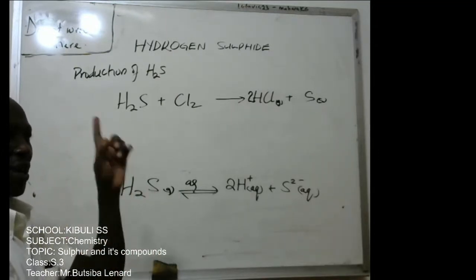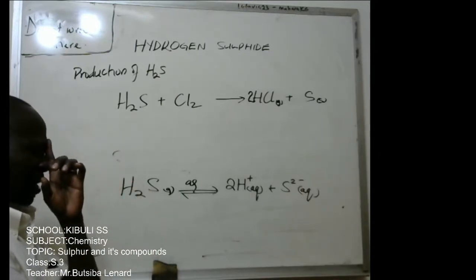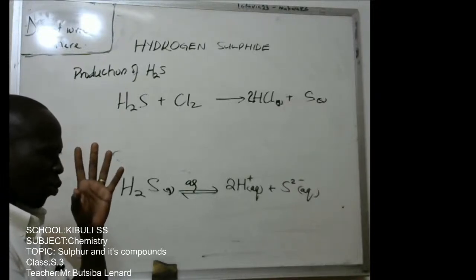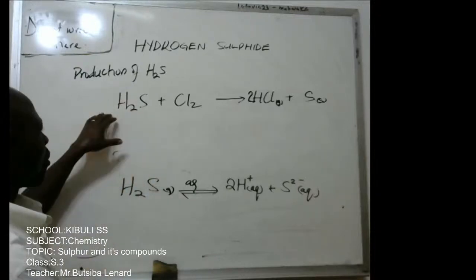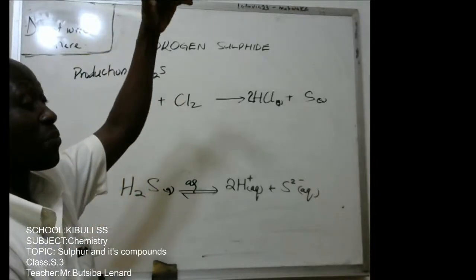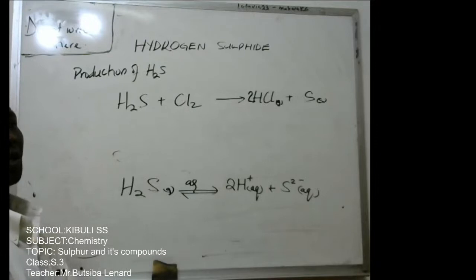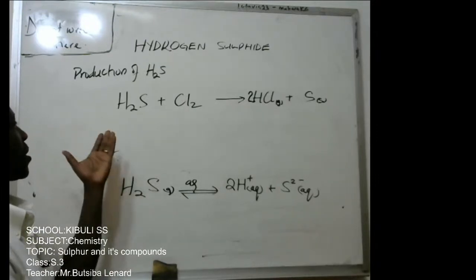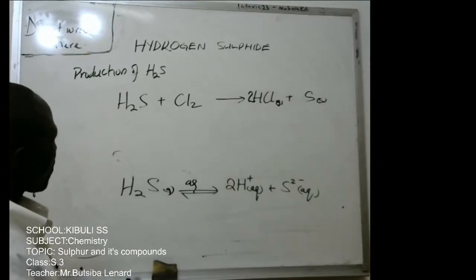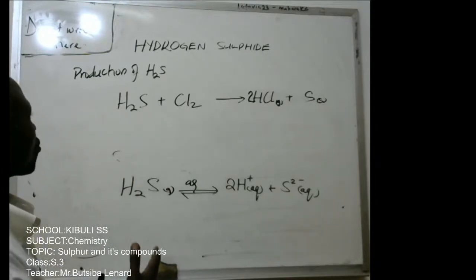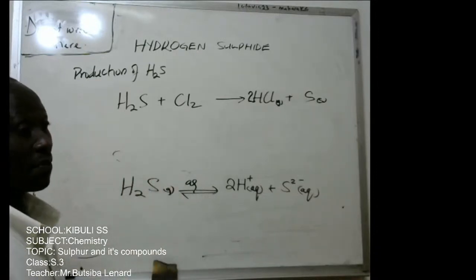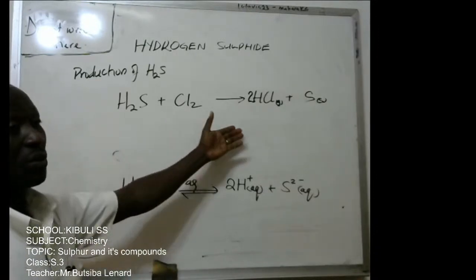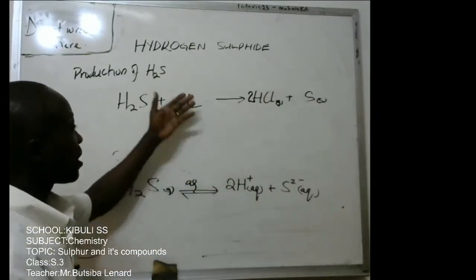And I told you the other week that for the chemistry of hydrogen sulfide, I'm just going to mention one or two things and we continue. So this is one of the reactions that we can talk about because we met it under the chemistry of chlorine. Right? So this is what is expected. However, it is also possible that this gas can easily get oxidized to give you water vapor and sulfur dioxide, which can give sulfuric acid.